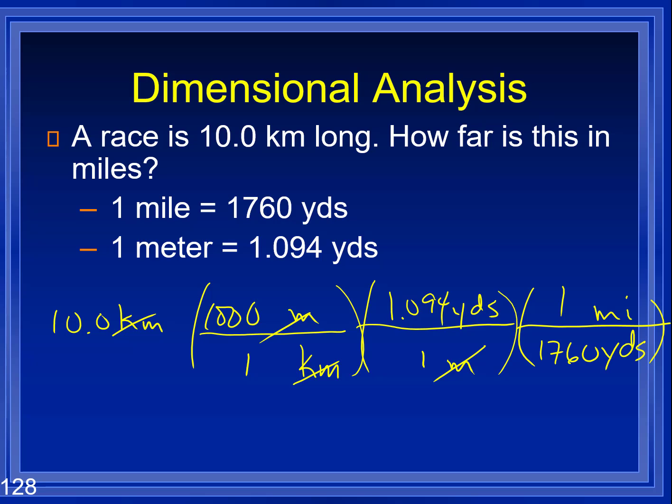Okay, so start off by pushing the 10 times 1,000 times 1.094, and the 1760 is on the bottom, so I push divided by 1760. And that equals, my calculator says, 6.2159 repeating.